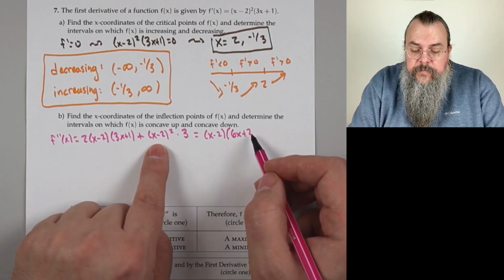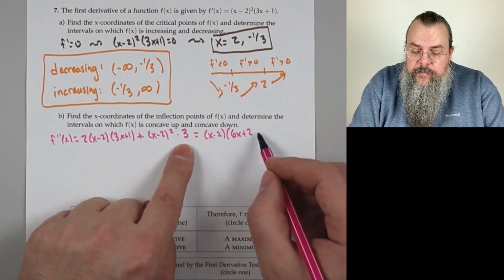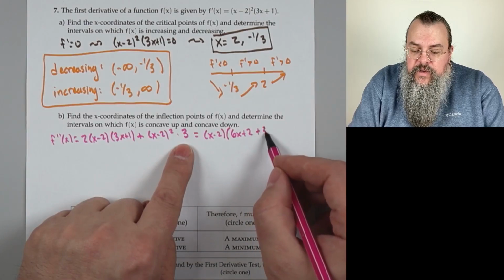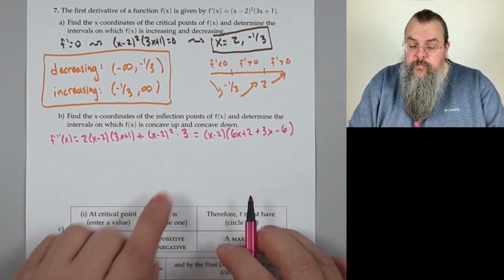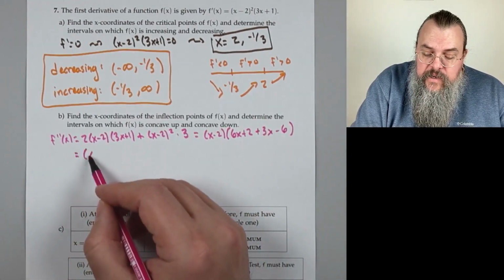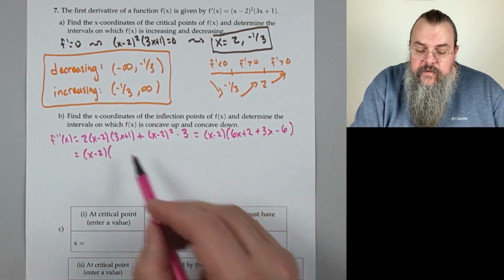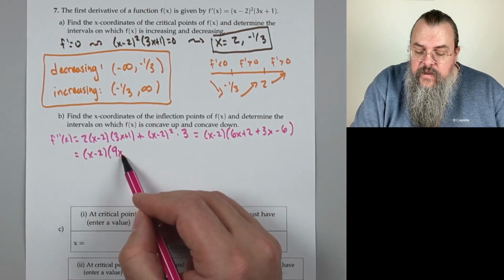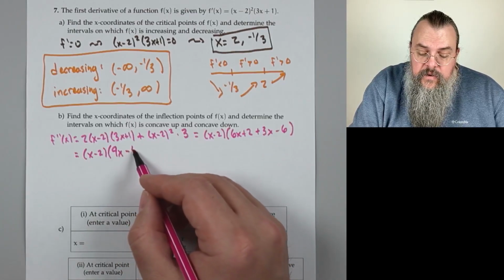In the second term, we have 1x minus 2 still left, times the 3, so that would be plus 3x minus 6. Okay, so that becomes x minus 2 times, we'll have 9x, and 2 minus 6 makes minus 4.